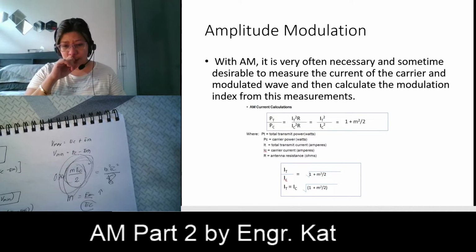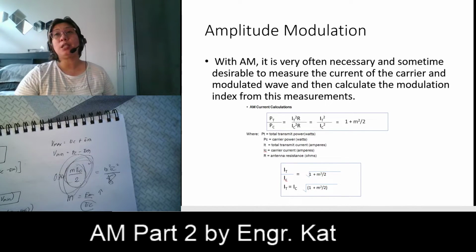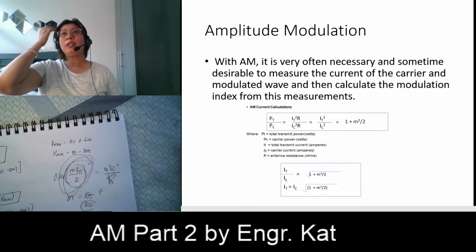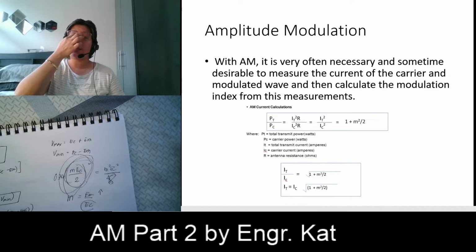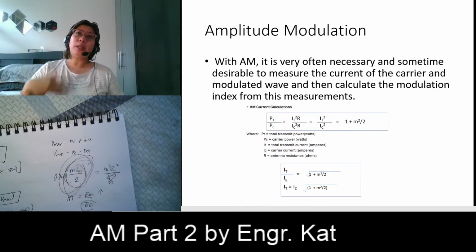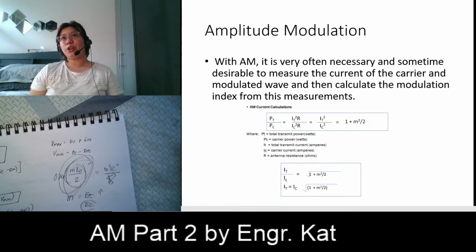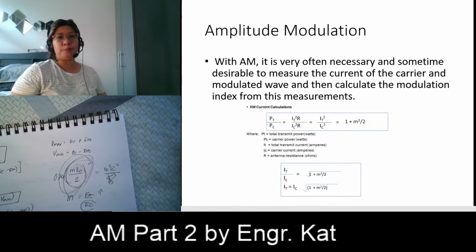The measurements are made by simply metering the transmit antenna current first with modulation and then without the presence of the modulating signal. So we compare what the current is when there is a modulating signal and what the current is when there is no modulating signal.